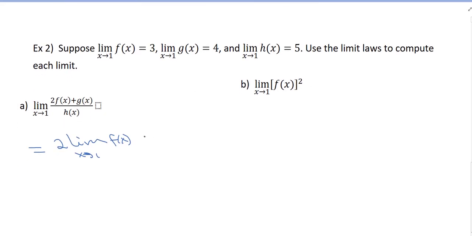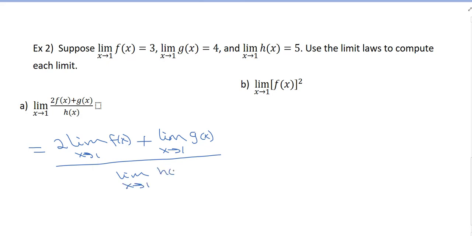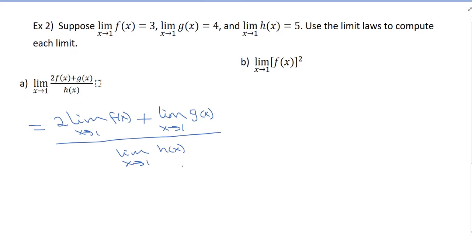And then the sum, plus the limit as x goes to 1 of g of x, divided by, combining it with the quotient rule, the limit as x goes to 1 of h of x. And now I use the values given to me. So this is 2 times the limit as x goes to 1 of f of x. That's given to me to be 3. So I'm going to put 3 there.